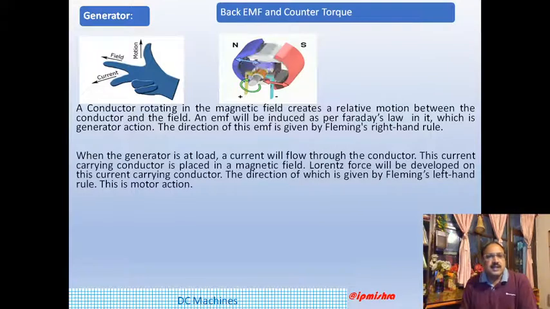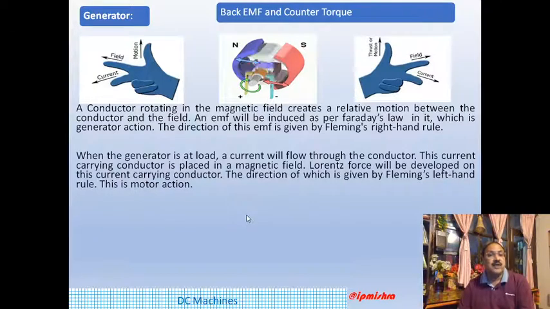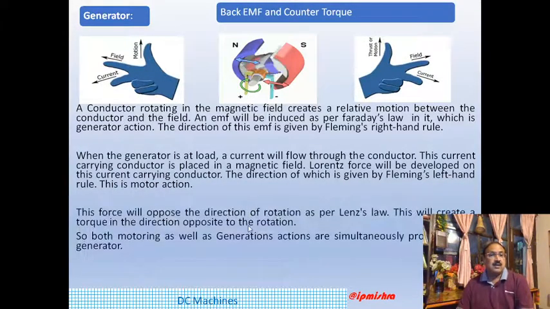When the generator is at load, means current is flowing through the conductor of this generator. This current carrying conductor is placed in a magnetic field. Lorentz force will be developed on this current carrying conductor. The direction of this Lorentz force will be given by Fleming's left hand rule because this is the motor action. Now, this force will oppose the direction of rotation as per Lenz's law.